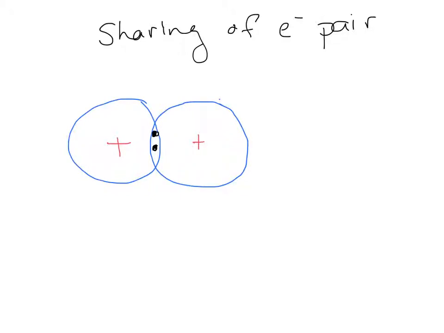With the two electrons in the middle, the nuclei have an electrostatic attraction between the positive nucleus and the negative electrons on either side. So this is another kind of electrostatic attraction.